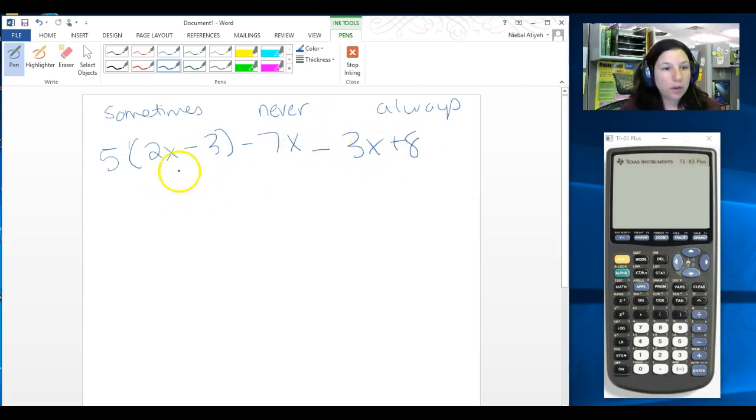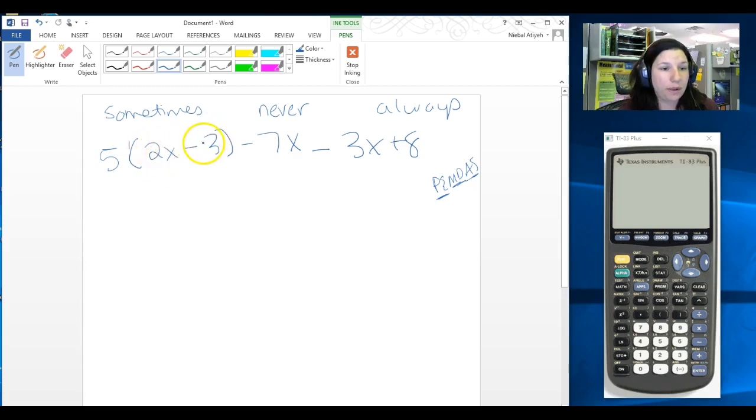So we've got like terms, but we can't combine them. We have parentheses. We're simplifying. We want to follow our order of operations. The trick for that is PEMDAS, right? Parentheses and exponents first, then multiply, divide, then add and subtract. So I have some parentheses to take care of.